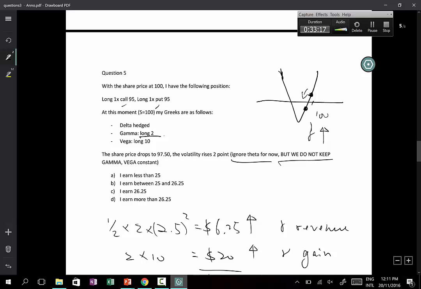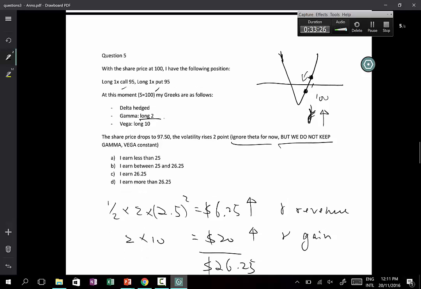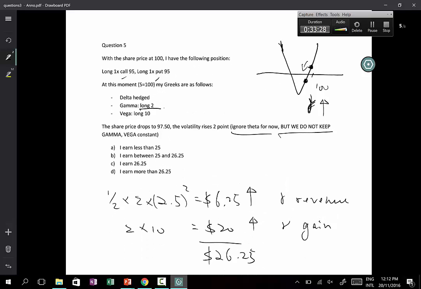The closer you are to being at the money, the higher the gamma value would be. So if the gamma is higher, then of course you should. This is the minimum you will earn. But the key to it is that this gamma here will change.